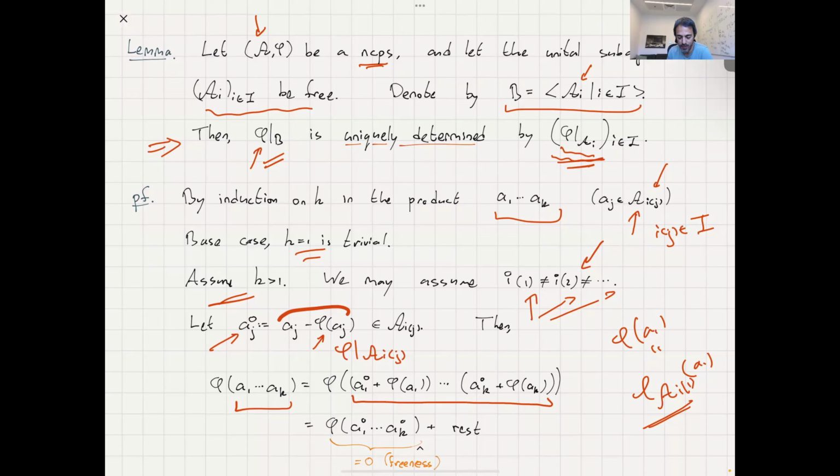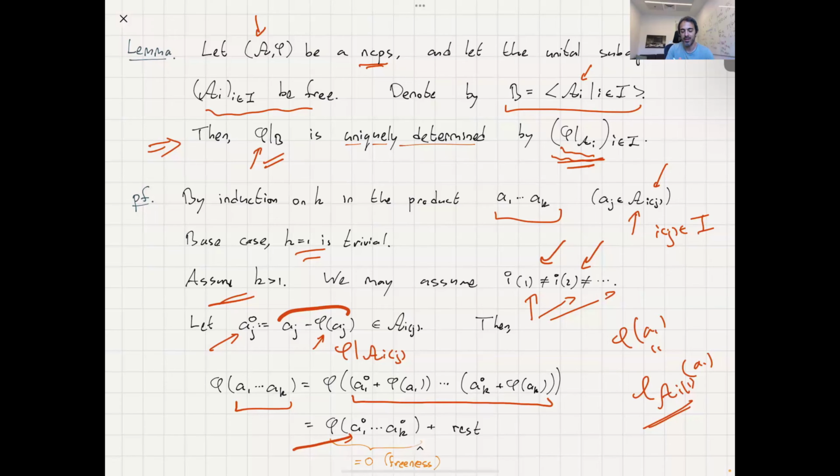But now when we open up the parentheses and use the linearity, the fact that phi is linear, we can see that one of the 2 to the k summands is going to be phi of a_1^0 up to a_k^0, which is 0 because of freeness, right? Because the a_i's are coming from different algebras, consecutive algebras are different, and also their centerings, right? Because if an element is in an algebra, centering it keeps it in that algebra. You just subtract a complex number.